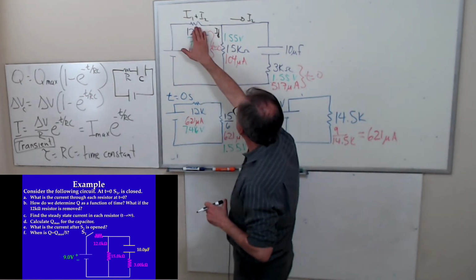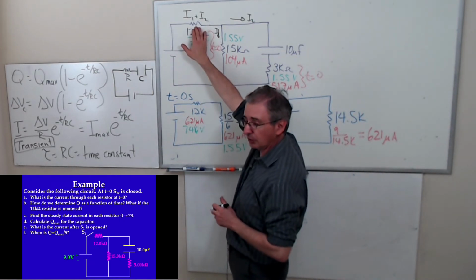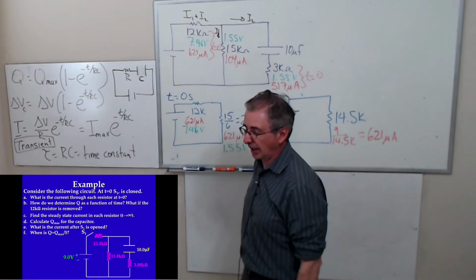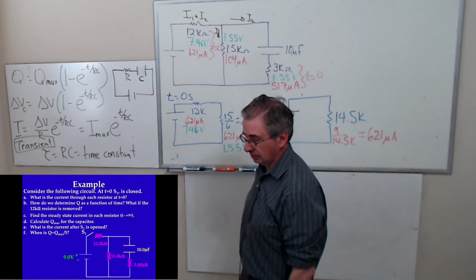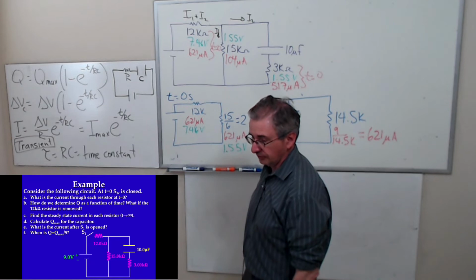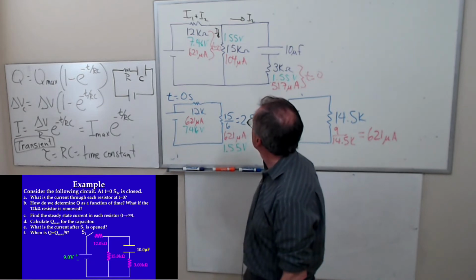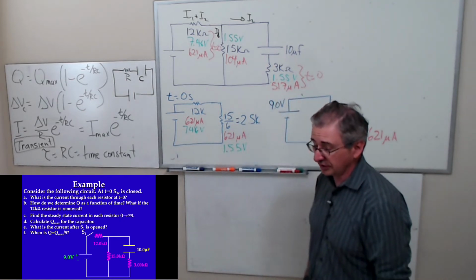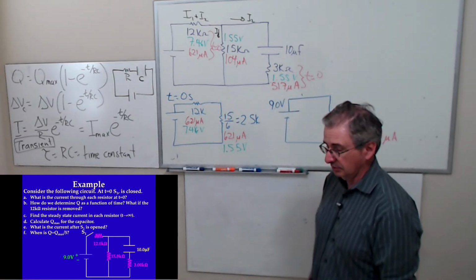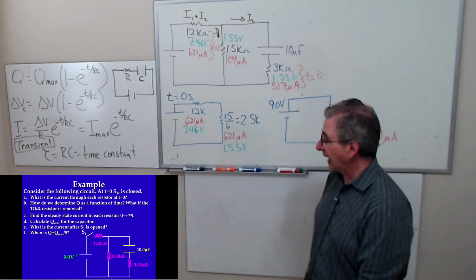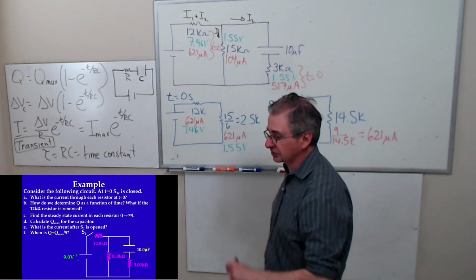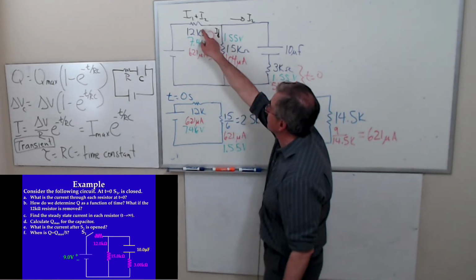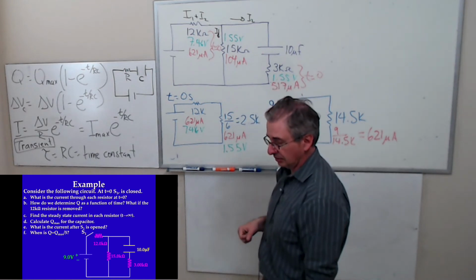Now, if this thing wasn't there, it would be really easy to do this problem. Why? Because you'd only need one loop. I can almost write the answer down. I can write the equation for current as a function of time if this resistor was not there. You know why?